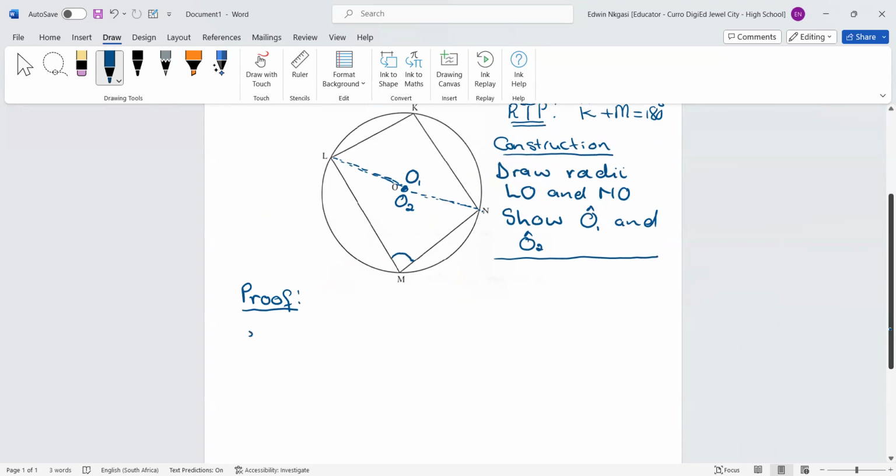So we'll say angle O1 equals 2 times angle M. What's the reason? I'll put reasons on this side.